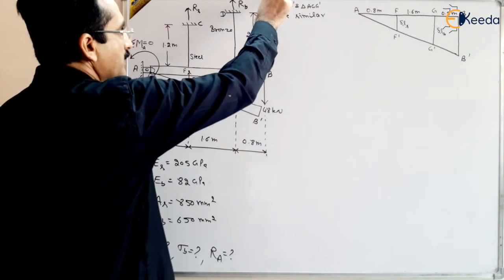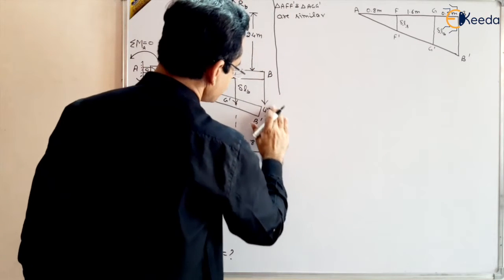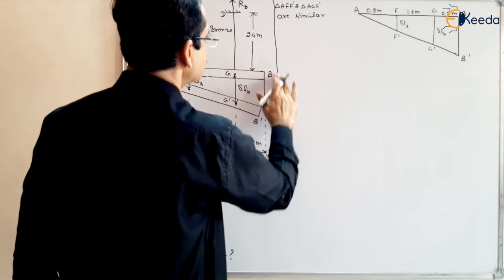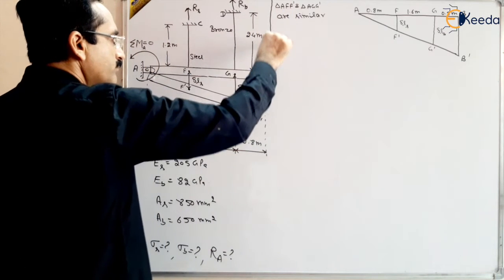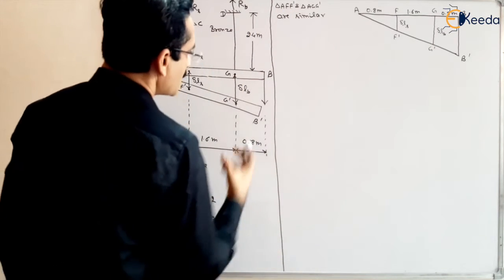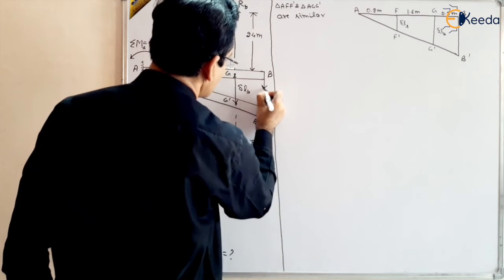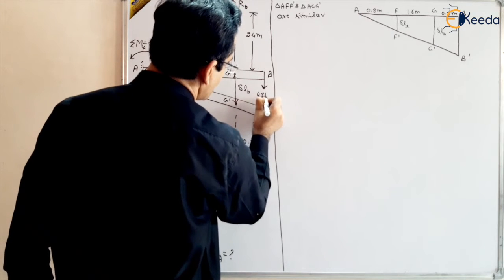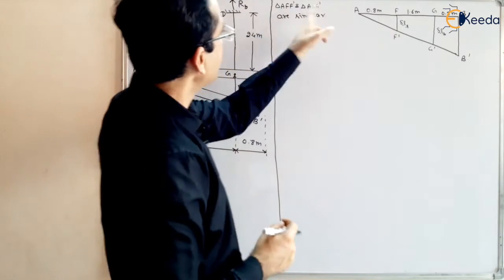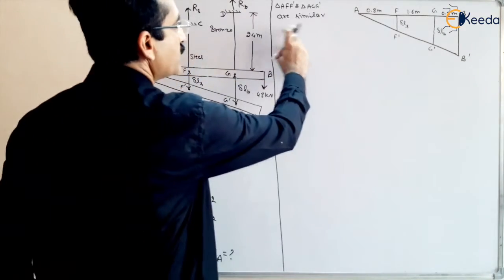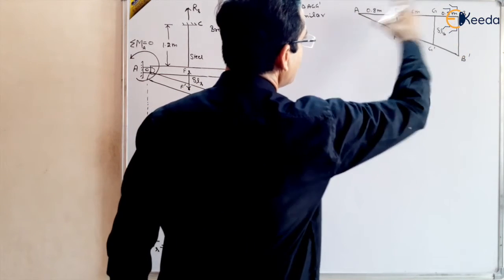These two triangles are similar. We can use the property of similarity that the base of these two and the perpendicular of these two will be in the same ratio.